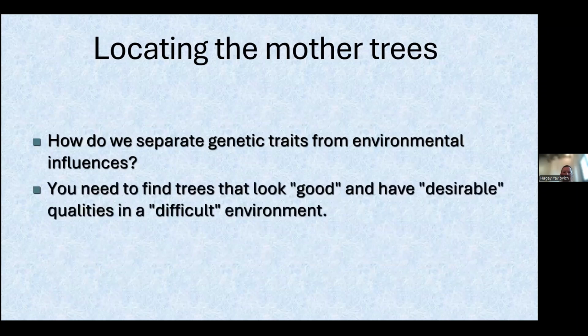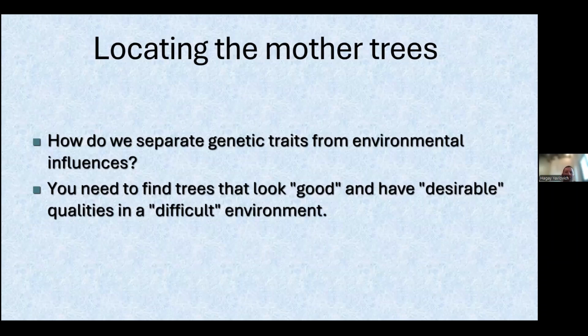Another option to look at this question is if we take a place that is very difficult, where the environmental conditions are bad, but the tree is looking good, so probably the tree has very good genetic traits, and we want to take the seeds from this tree.